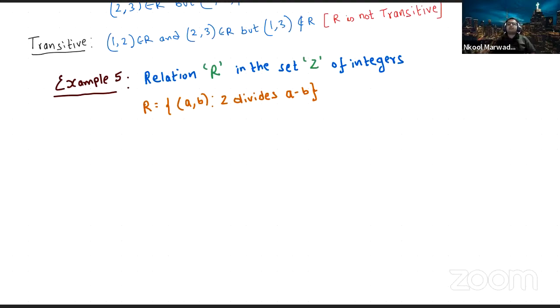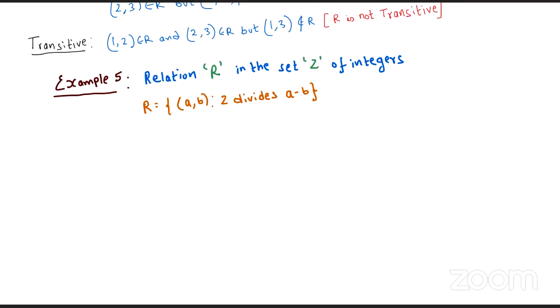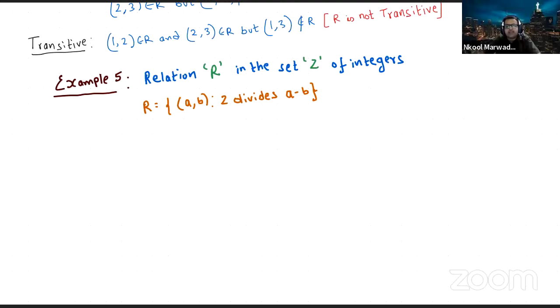It means A minus B should be even. Whatever ordered pair we are taking, the difference of those two numbers should be even.